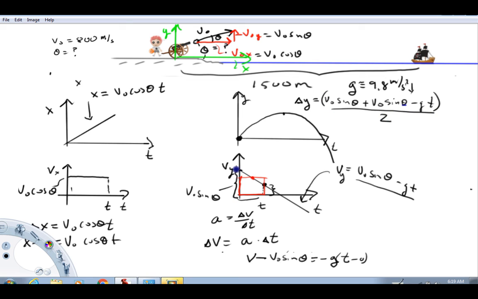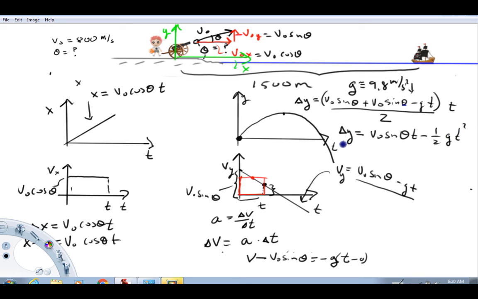Again, that's the average of this distance and this distance on this graph, and then times this distance, t. So what we get out of this is delta y, our change in position, and by the time you simplify this a little bit, you get v sub o sine theta t minus 1/2 gt squared.